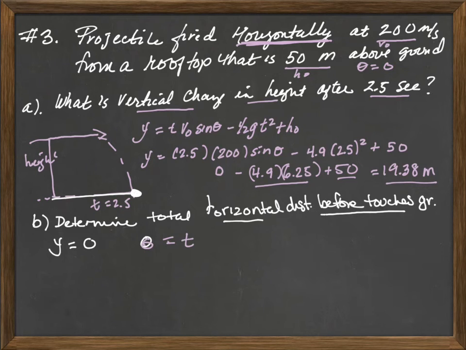That's what we want first, because we need that t to put into the x equation. T times v naught, which is 200, and that sine, still a sine of 0. So this part is just going to be 0, minus 4.9 t squared plus 50.